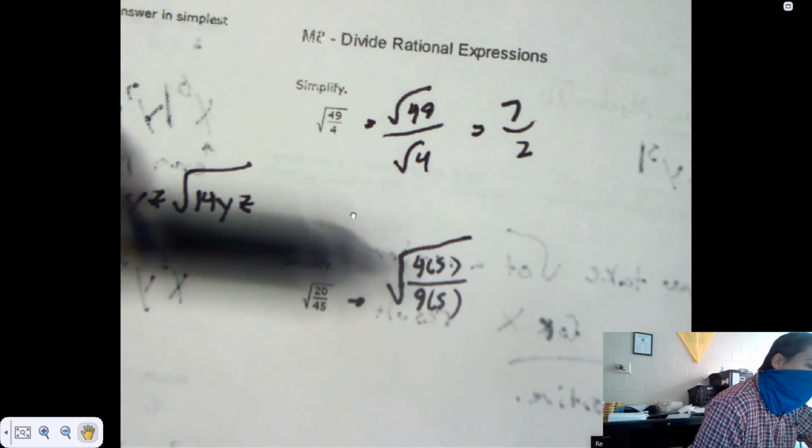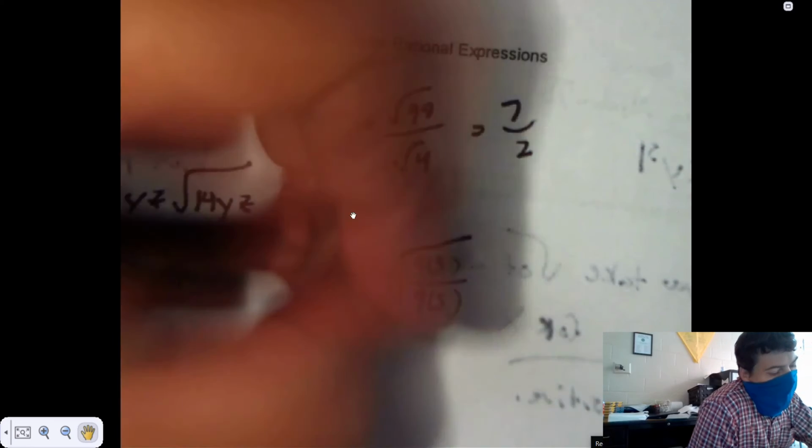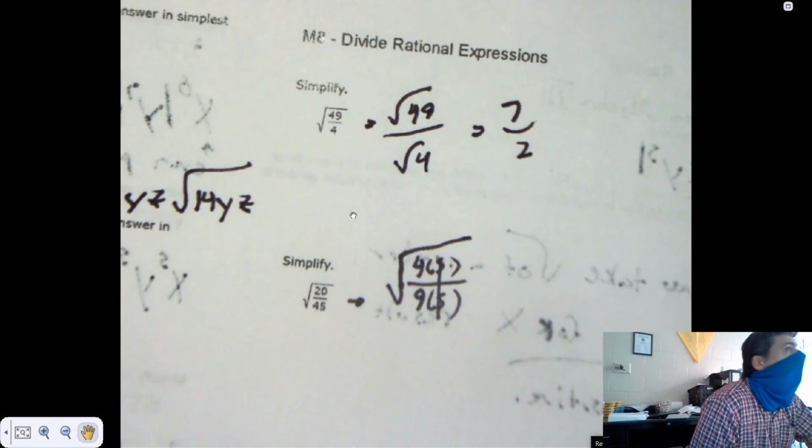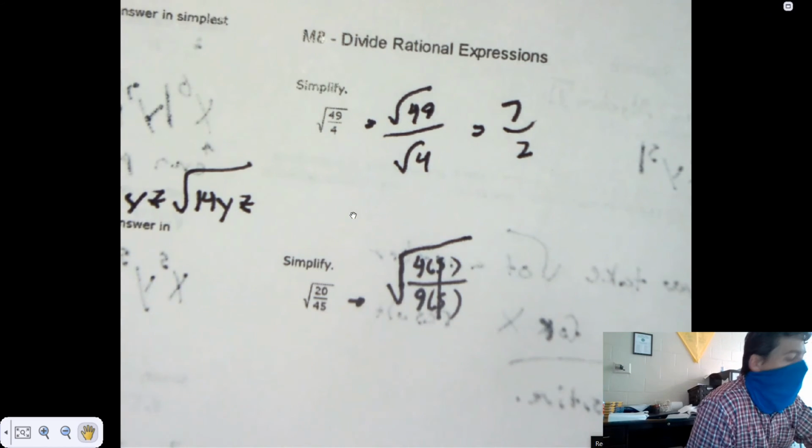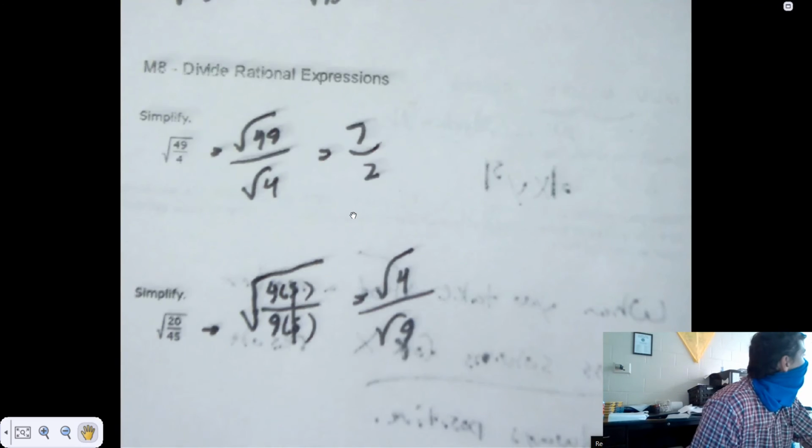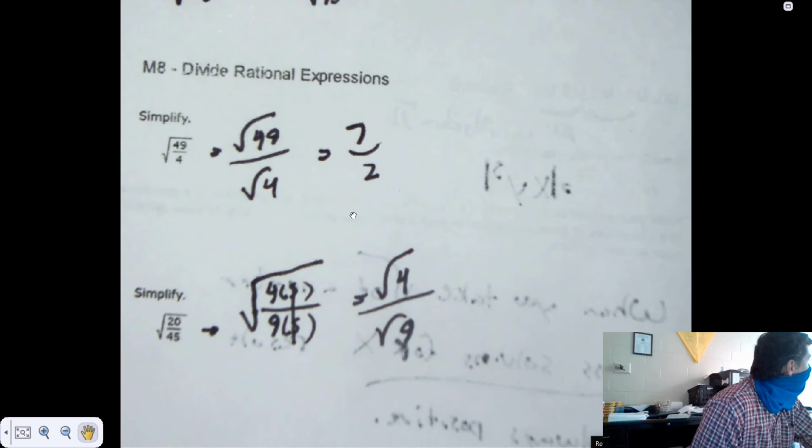Now, what do those 5s do to each other? Cancel out. So it looked like the root of 20 over 45 was really the root of 4 over the root of 9. Simplify first, kids. It usually pays off. What's that reduce to? 2 over 3.